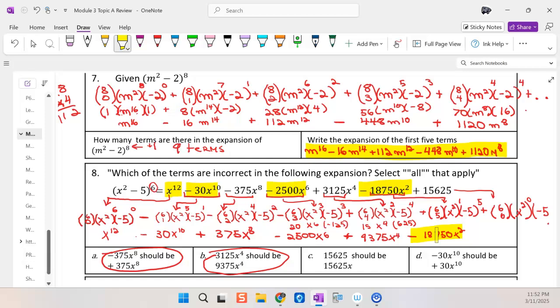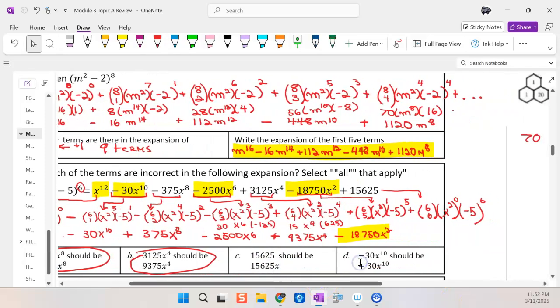All right, and now my last one is going to be 6 choose 6, which is 1. And then I have x squared to the 0, that's 1. So that's 1 and 1.